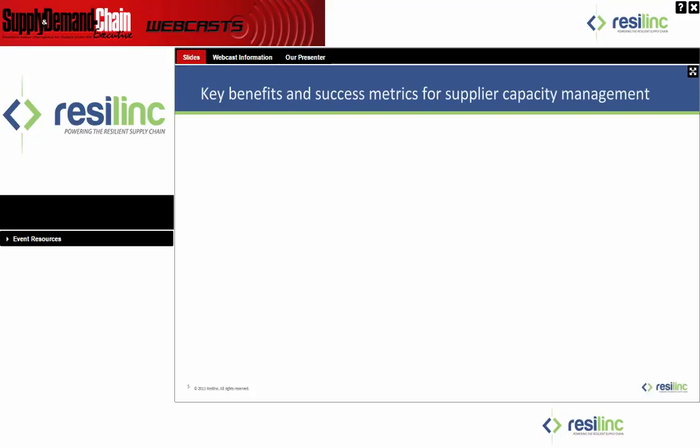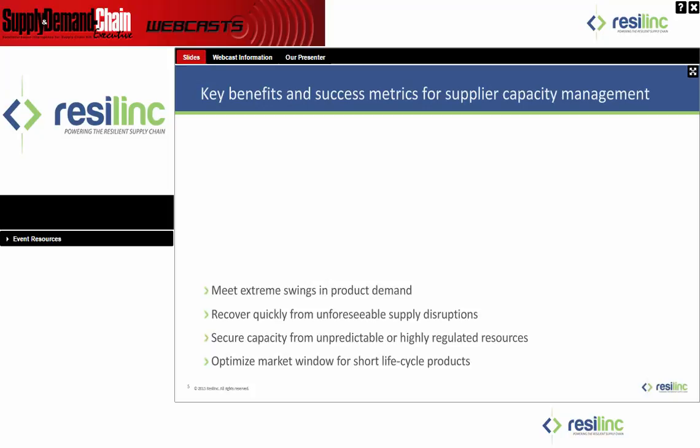If you're in such a situation, you can derive significant benefits by implementing a robust capacity management practice. With deep capacity-related visibility available in advance, you can put strategy in place to address extreme demand upswings, react faster than your competitors in addressing sudden supply chain disruptions, lock down capacity from unreliable or regulated sources, and ensure that adequate material is available so you can fully exploit that market window that's available to you, that short window with fast-moving, short lifecycle products.